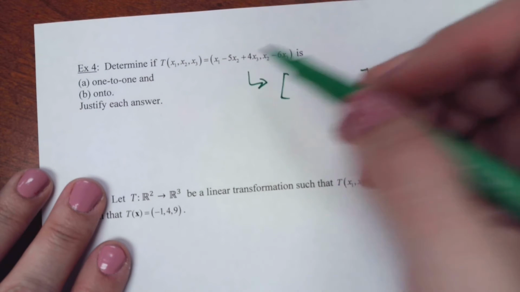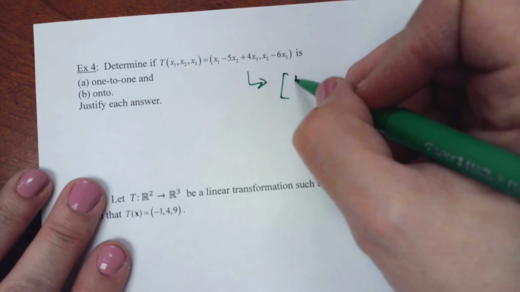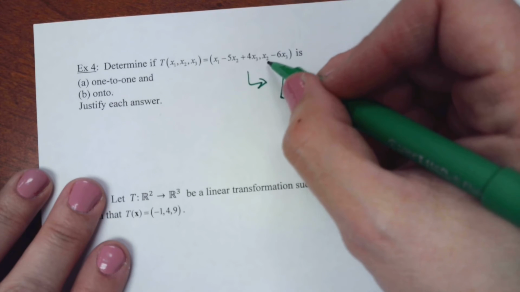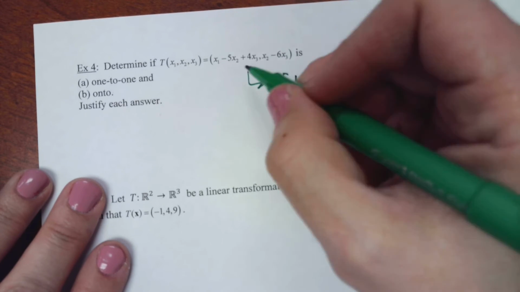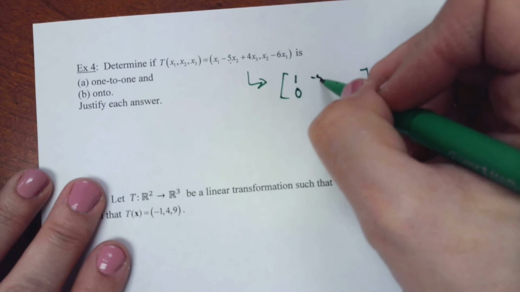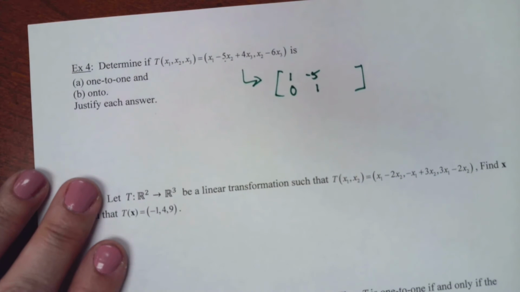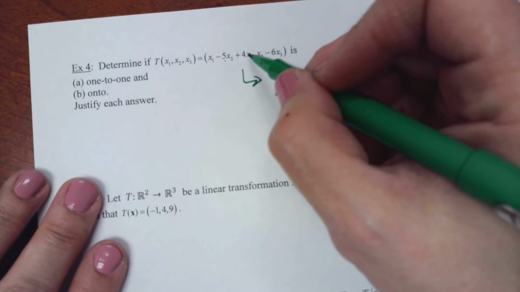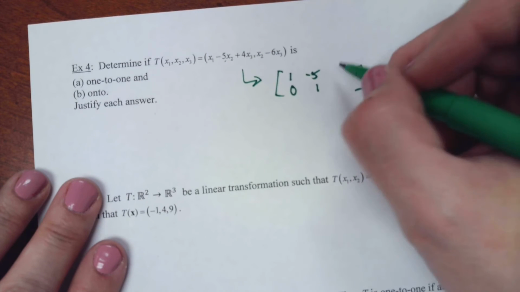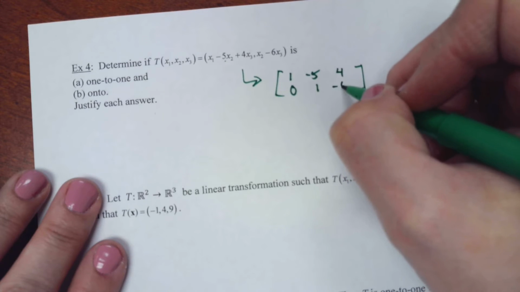If I look here, x1 is staying x1 in this problem, and x1 doesn't exist over here, so there's a 0. x2, my second column, is -5, and x2 over here has a 1 in front. So really we're kind of going across in a way. Over here, x3 has a 4, and x3 down here has a -6.